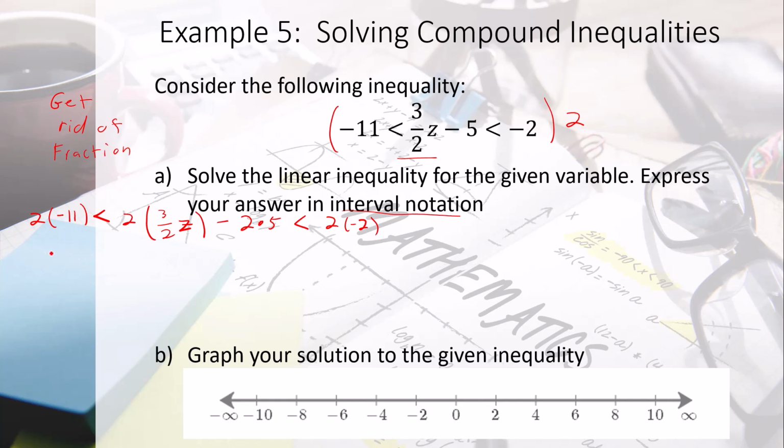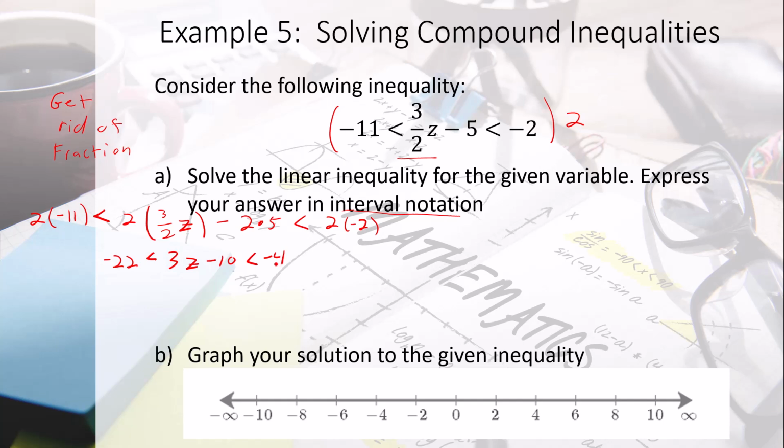Doing the math, we will have negative 22 is strictly less than 3 times z minus 10, which is strictly less than negative 4.